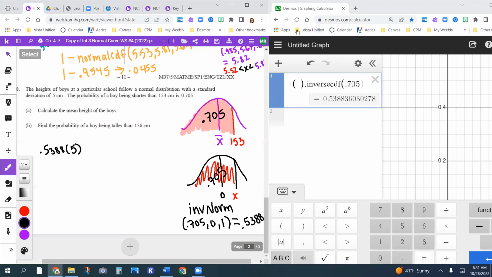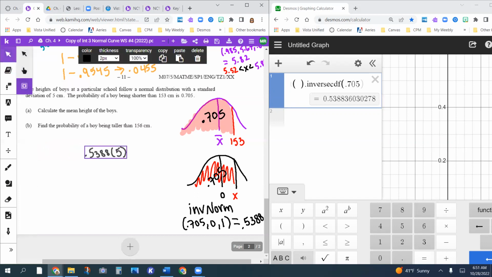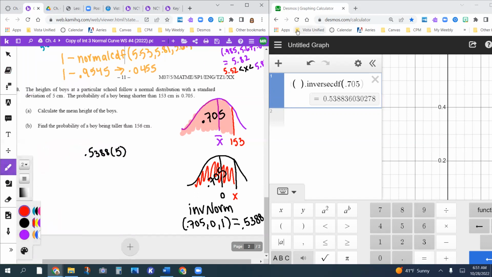I'm going to subtract it from my 153, because if I was 1 deviation off, that would have been 5 off. But I'm not a full deviation. I'm 0.5388 deviations away. And each of those deviations is 5 centimeters.